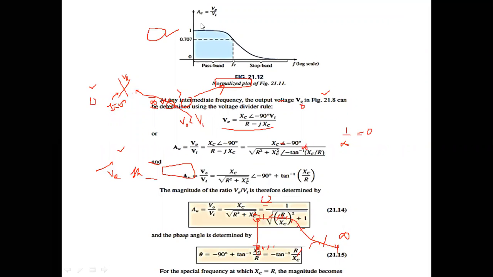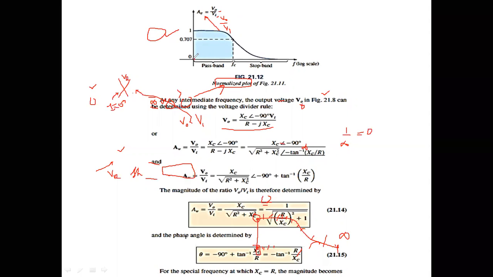This is the gain. What does the gain mean? Gain is the normalized gain, means the output divided by the input. We call it the normalized gain for the voltage, AV. Now in this case, we have to divide V naught by Vi.